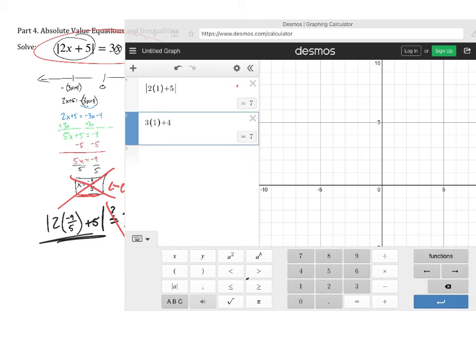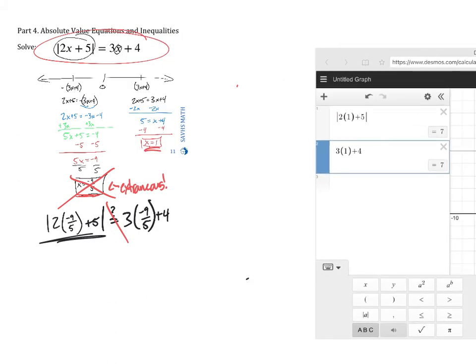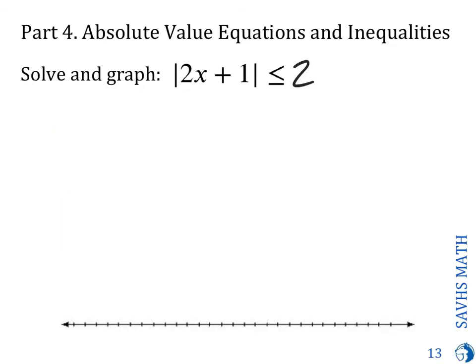This one is for sure going to work. Okay, so they're both positive 7. And because they're both positive 7, that tells me, okay, this is actually a solution. So this one we can confirm. So our only solution here is x equals 1. Just make sure that you're checking your work in the original equation. That's all I'm trying to say here.